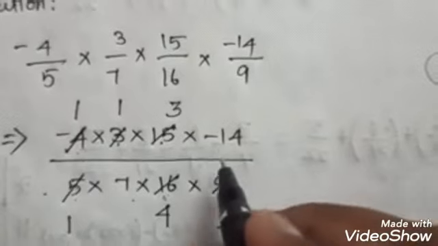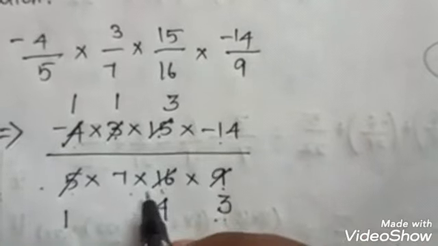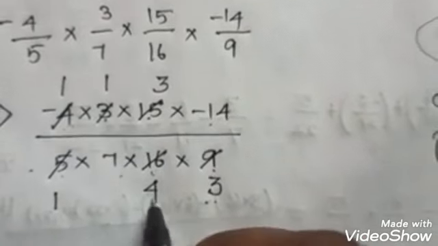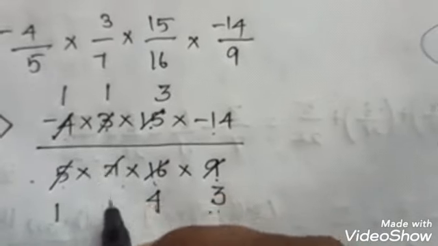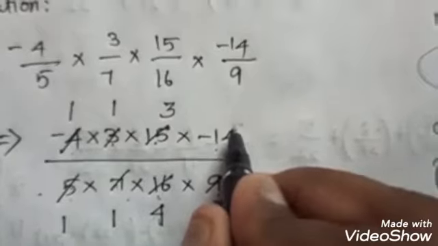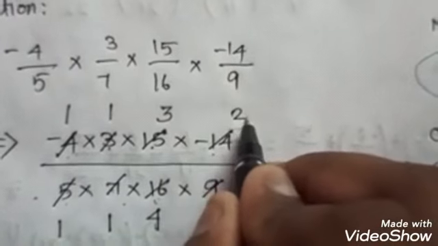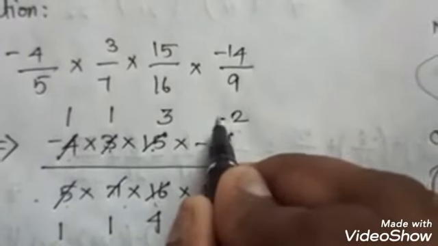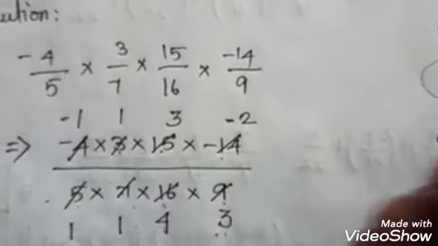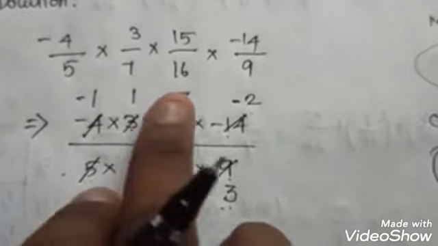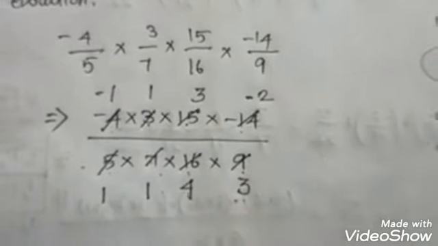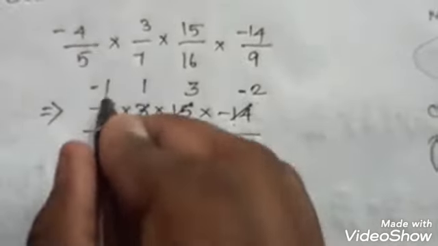Next we see this 14 can be cancelled with 4 by the table of 2, otherwise directly by 7. 1 times 7 and then 2 times 14. I will take this minus properly. So first you cancel one time. In each and every question I will cancel one time. You have to write everything.